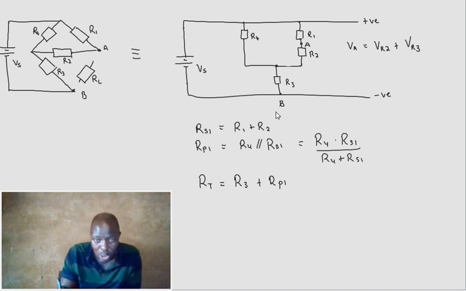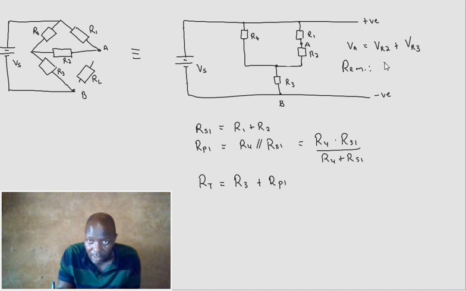What do you want? You are actually looking for voltage. We have the voltage at VA. What do we do? Because remember, VThev is still equal to VAB, which is still equal to VA minus VB.